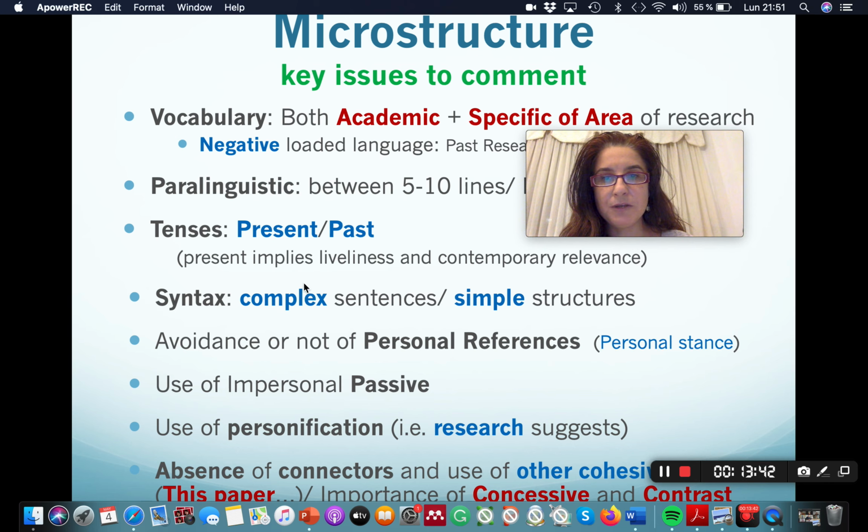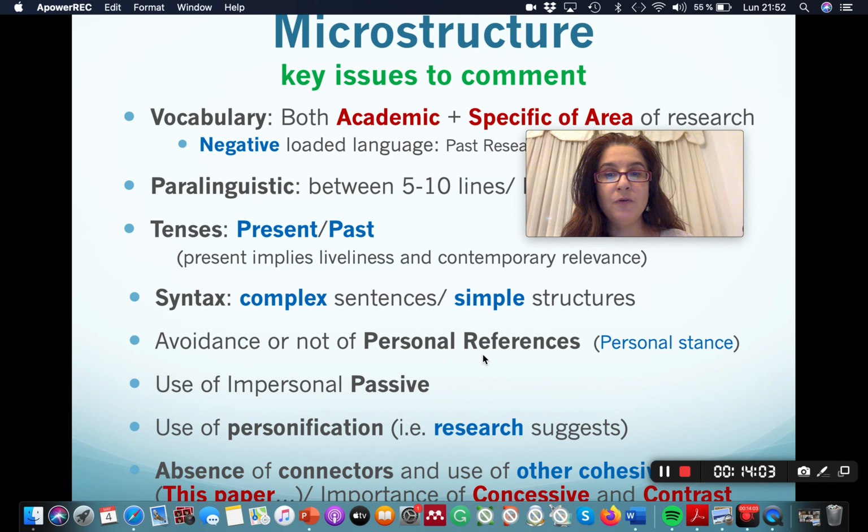The syntax should be complex, right? If you remember the first topic sentence that we have seen, it's like 2 lines long, okay? And simple structures are for maybe getting attention.